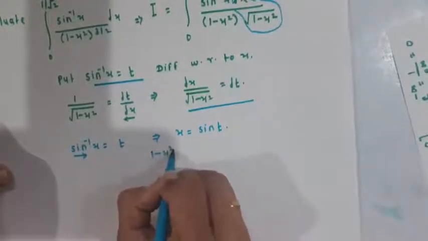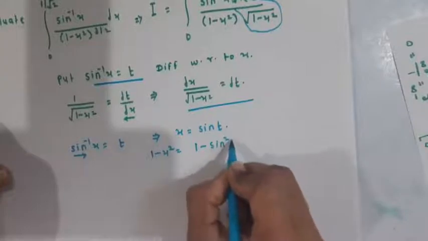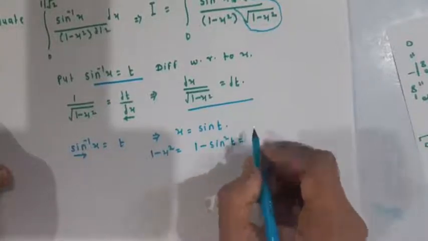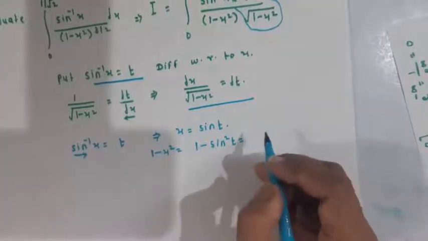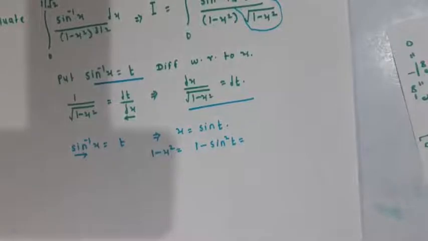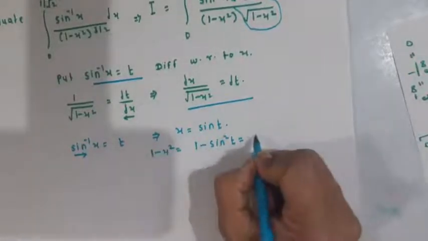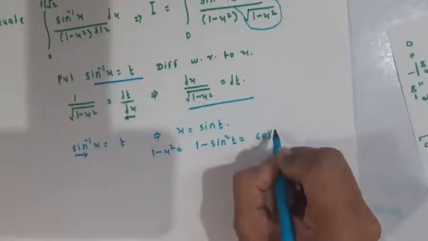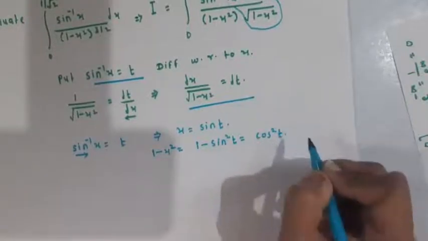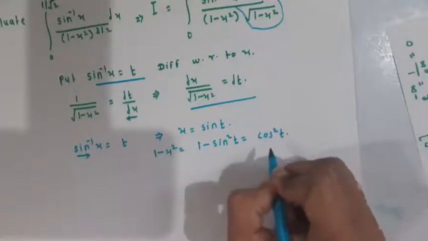So 1 minus x square equals 1 minus sine square of t, which equals cos square of t.